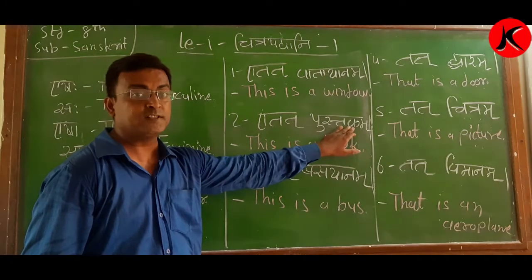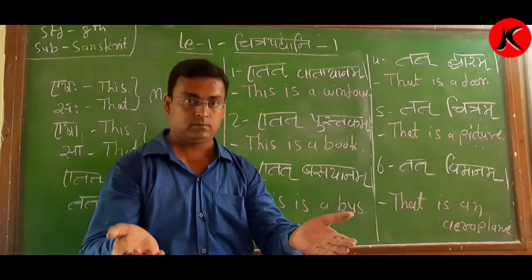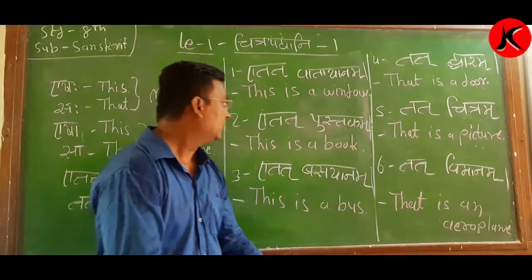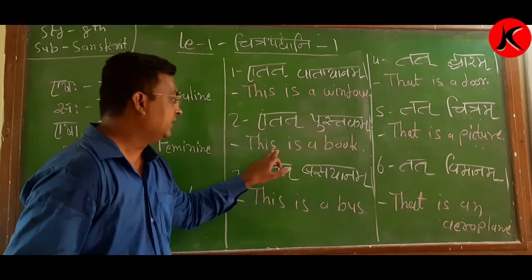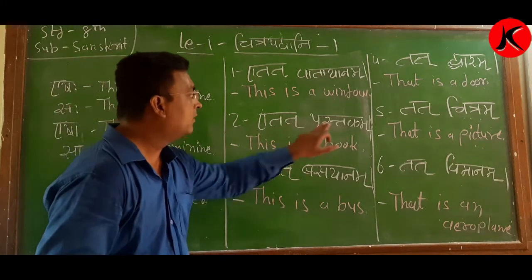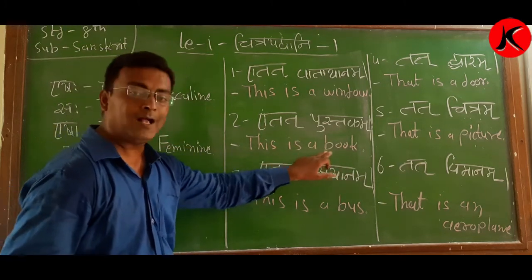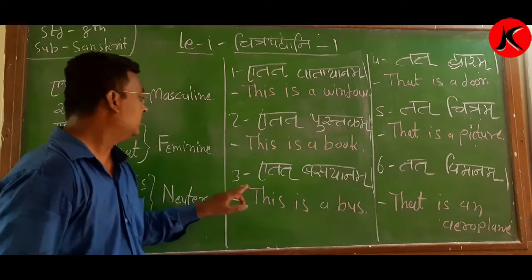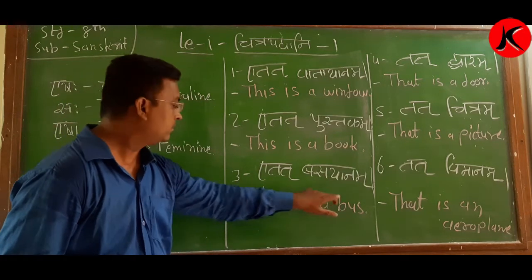What is the meaning of pustakam? The meaning of pustakam is book. Chopadi. Okay. So the meaning is etata is this and pustakam meaning is book. This is a book.